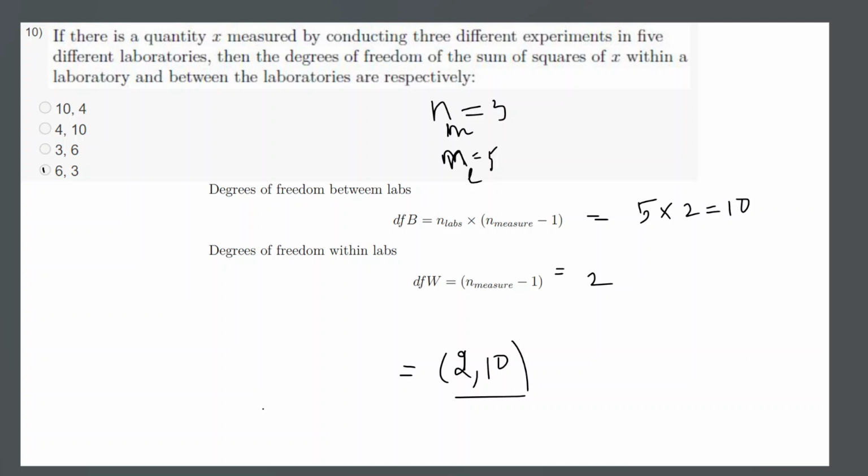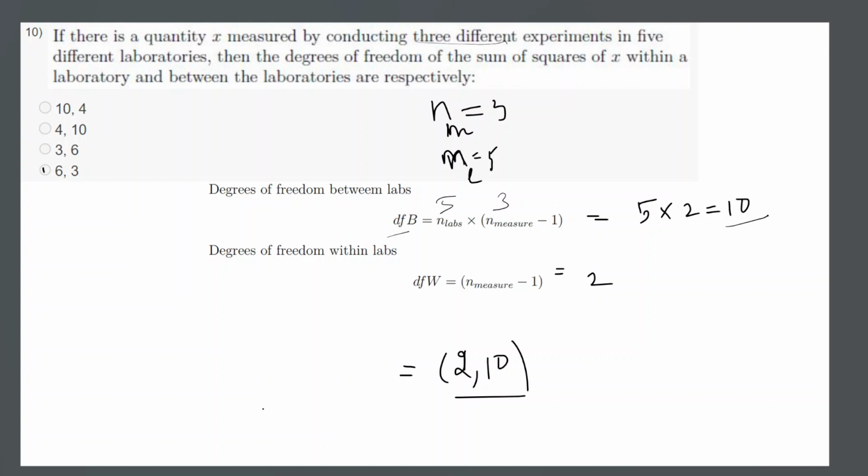So degree of freedom between labs is given by the number of labs minus 1. Here we are taking five different laboratories and conducting three different experiments. So 5 minus 1, that is 4.